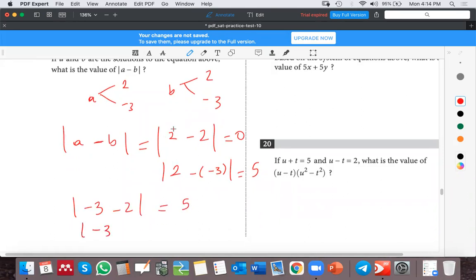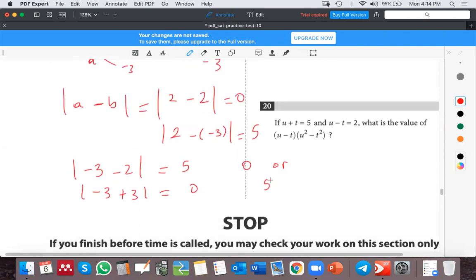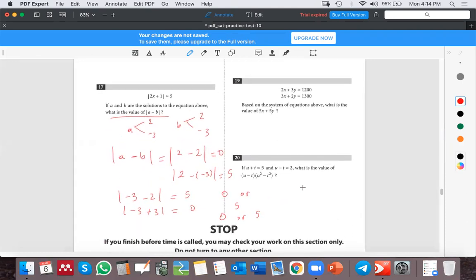If A is -3, B is -3, negative and negative, positive 3, it will be 0. I mean, the answer is 0 or 5. That's it. If A and B are both solutions above, what is the value of A minus B? So there are two solutions. The answer is 0 or 5.